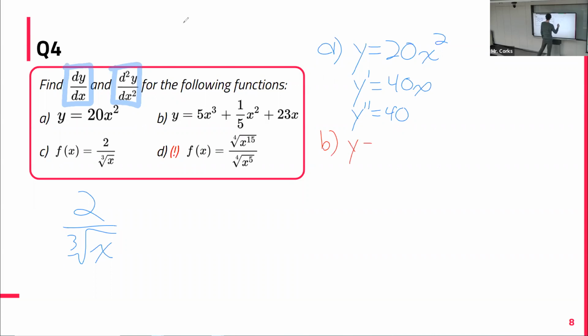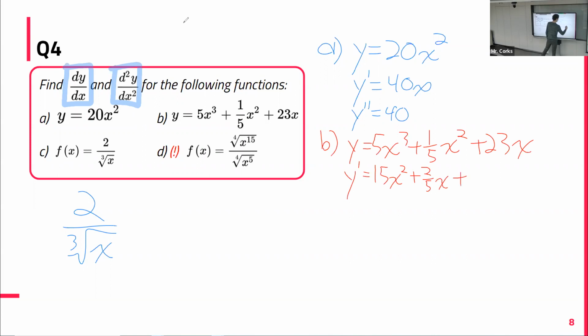Second one, y is 5x cubed plus 1 over 5x squared plus 23x. What is our first derivative? 15x squared plus 2 over 5x plus 23.